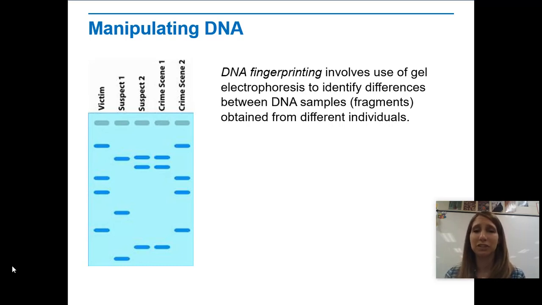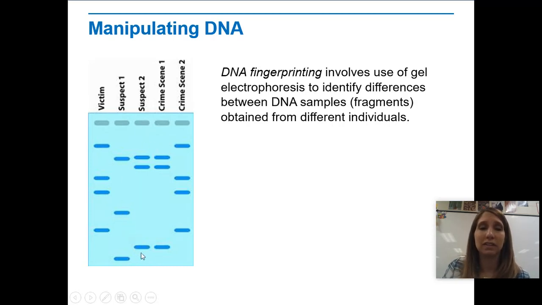And what forensic scientists would do in this case, if they had a DNA sample, is take that DNA sample and expose it to restriction enzymes, and then run that DNA sample out on a gel to see what we call banding patterns would look like, right? The little lines that are created here, the DNA fragments. Now, if they also had DNA from a crime scene and a suspect, then they could run them out together.